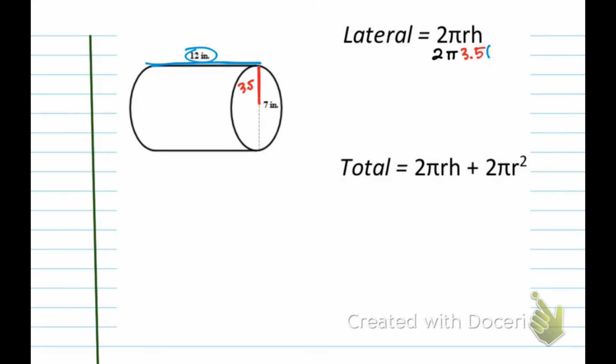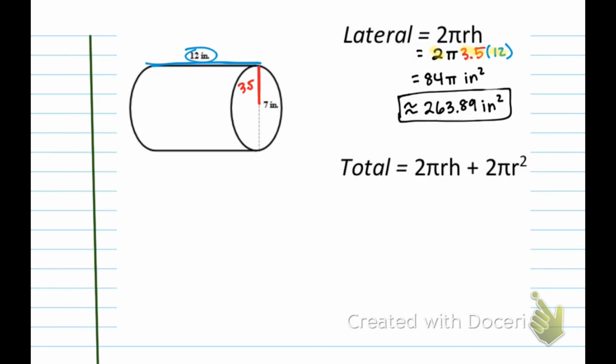So we're going to multiply it by 12. Okay. So our lateral surface area, I'm going to multiply 2, 3.5, and 12 to get 84 pi inches squared. And if I want an approximate too, 84 times pi, we're going to get 263.89 inches squared.